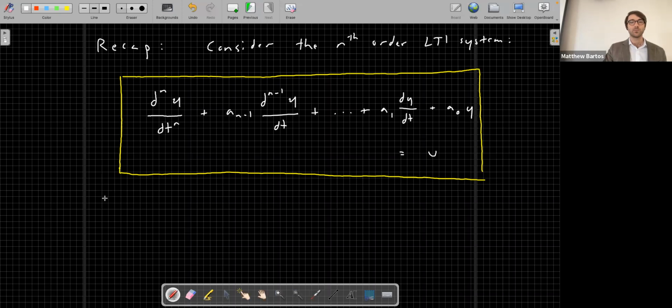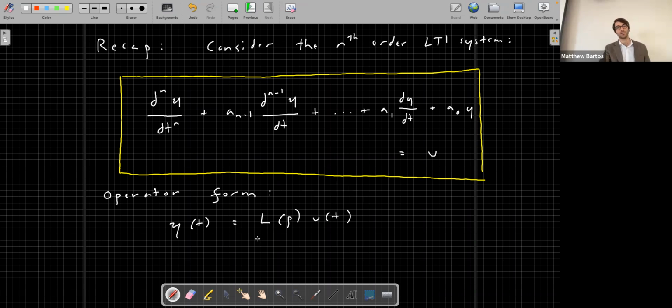And recall, we can express this system in operator form. We can write the system as follows. We have that our output y(t) is equal to some operator L(p) applied to our input u(t). Okay, and our operator L(p) we have described as this rational function, this rational polynomial in p, which is our operator.